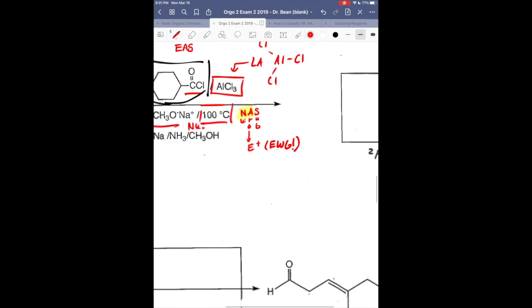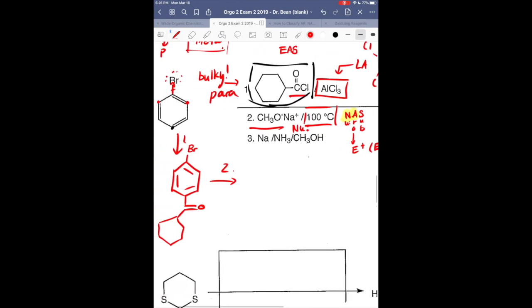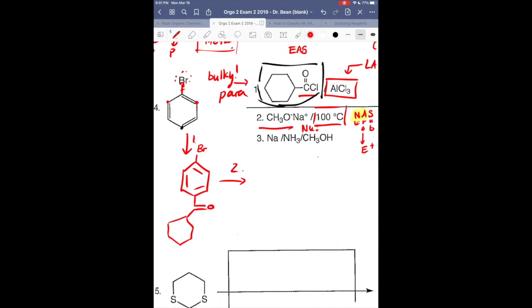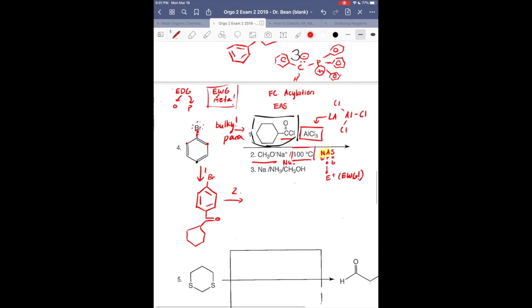You want to have electron withdrawing groups. Okay? That would allow this reaction to proceed. It would increase the reactivity of the benzene rings. So in this case, for NAS, an electron withdrawing group would actually be considered an activator. So that's why I typically don't use the word activating, deactivating, because it depends upon the context.